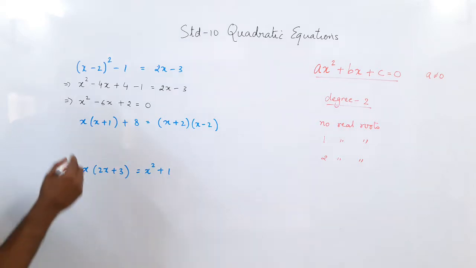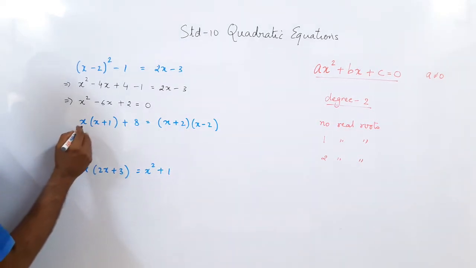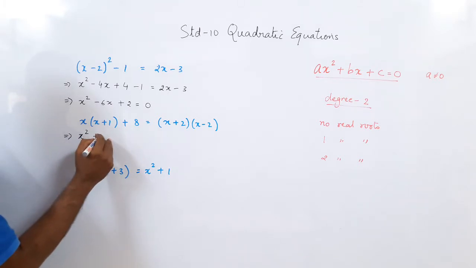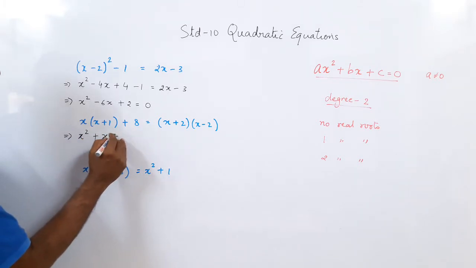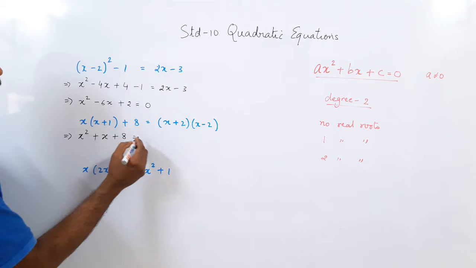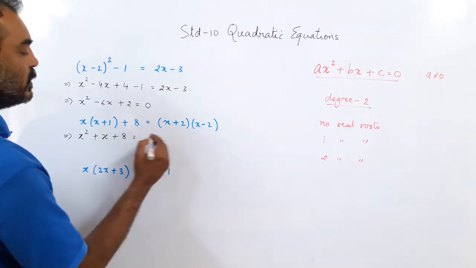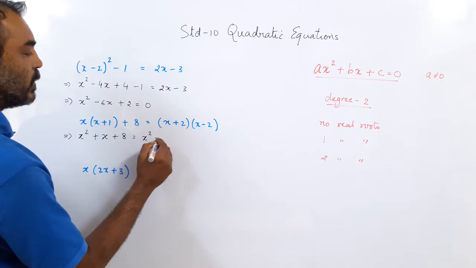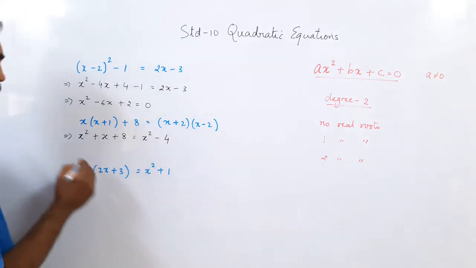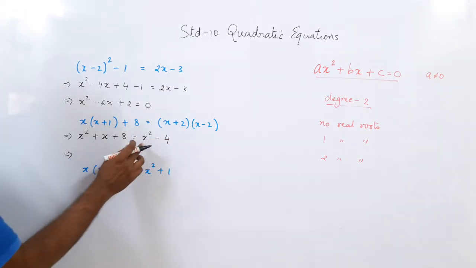Now look at the next one. Same way, x into x, x square plus x into 1 is x plus 8 equal to a plus b into a minus b. x plus 2 into x minus 2 is a square minus b square. 2 square is 4. Now, when I bring the x square here, it becomes negative.